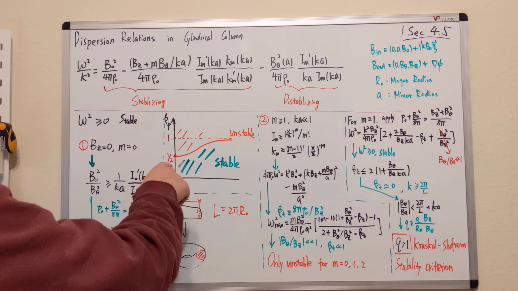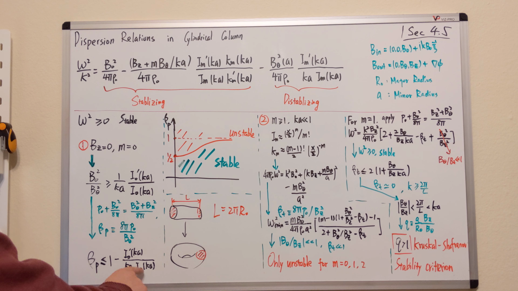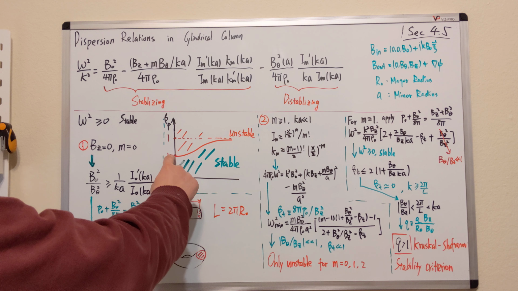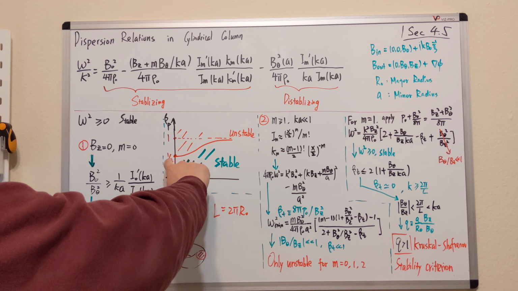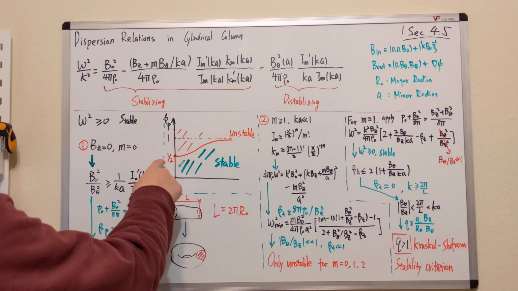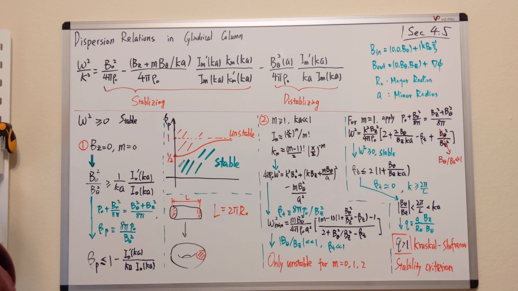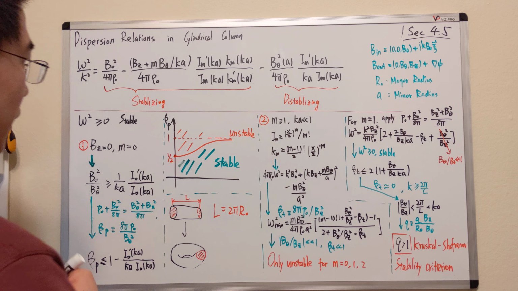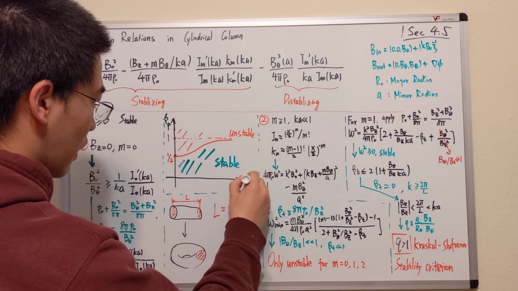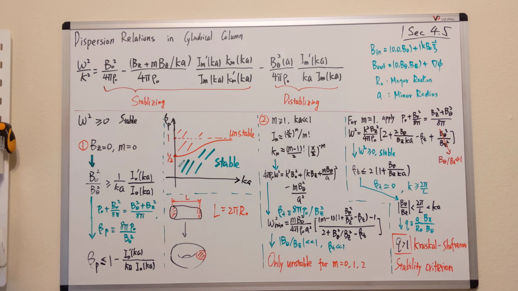If we plot this curve, 1 minus I0 prime over ka I0, it is the red curve. It starts at 1/2 and converges as ka goes to infinity.